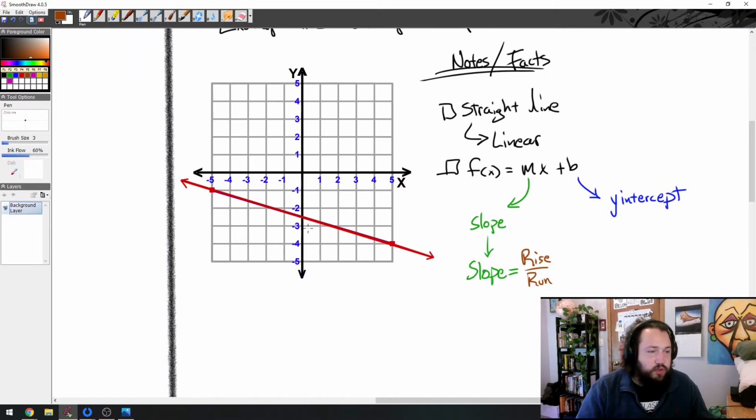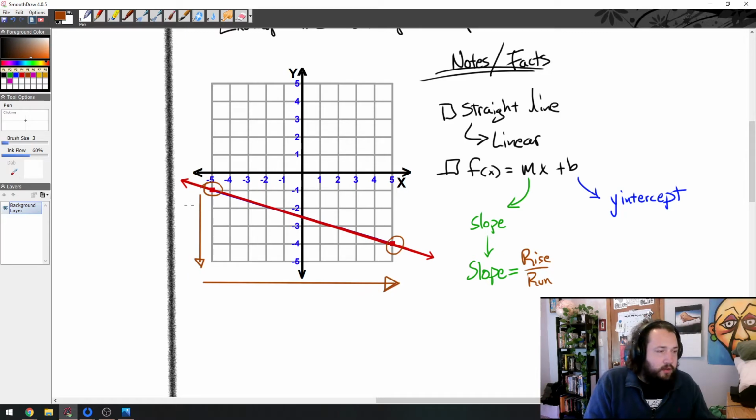Okay, so to do that, I'd actually just pick 2 points on my graph. I'll pick this point and this point, and then I'm going to see how much I have to go up or down, and then I'm going to see how much I have to run left or right. Okay, so here obviously you can actually see that my rise is a negative distance, and I'm going to clear out a spot for me to write that right here.